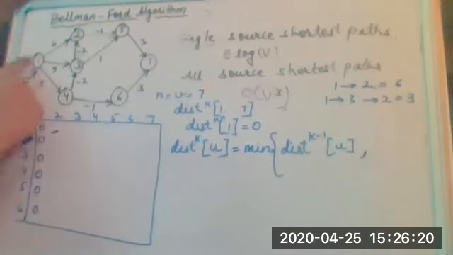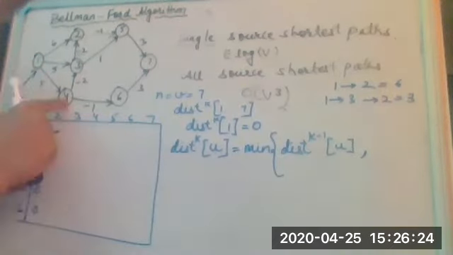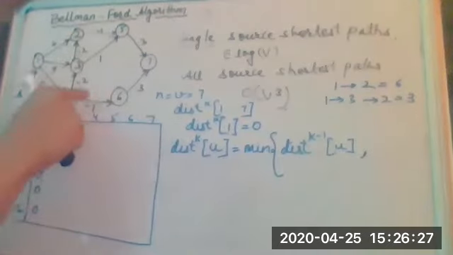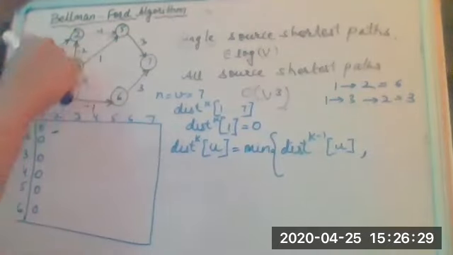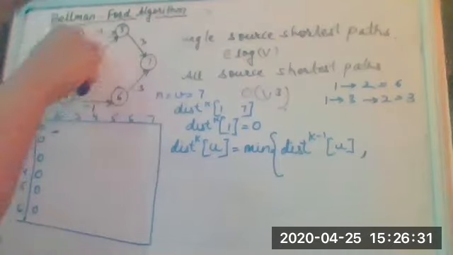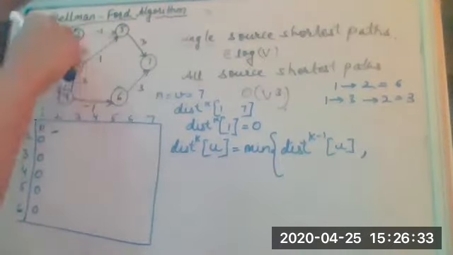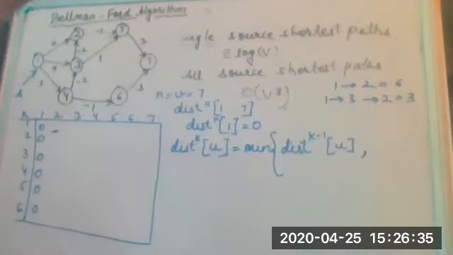So I'll be checking the value from 1 to 4, then 3 and 2, 1 to 6, then 3 and 2, 1 to 5, and then maybe 3 and 2, 1 to 7, and then 3 and 2. Is there any other path where I will have 2 more vertices where I would be taking into account the previous value?